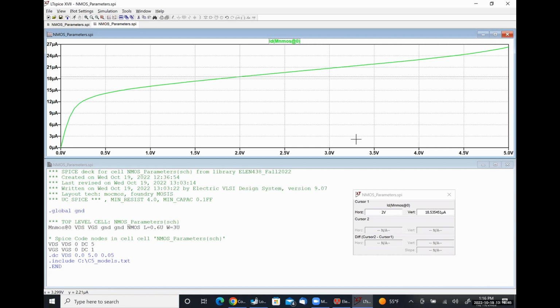I find that lambda is about 0.25 per volt, which is way more reasonable than 2. That would mean we'd have a really, really steep effect with channel length modulation.